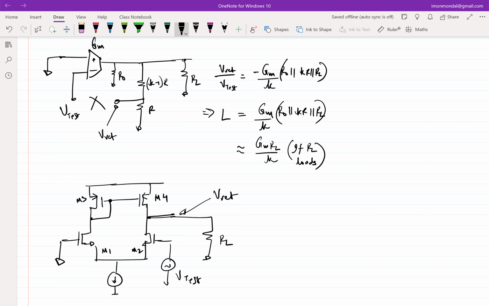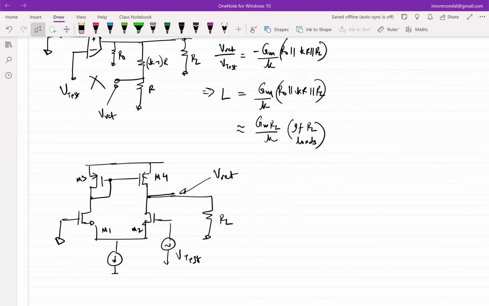Okay, so what will be incrementally, what will be V return over V test? For this, you can model this diffamp as a Norton equivalent that we had done. And then you can quickly figure it out. What is the Norton's equivalent of this?